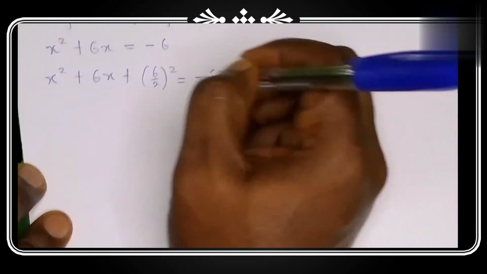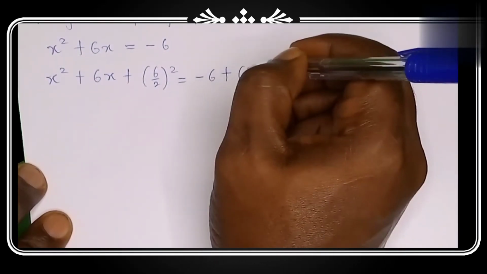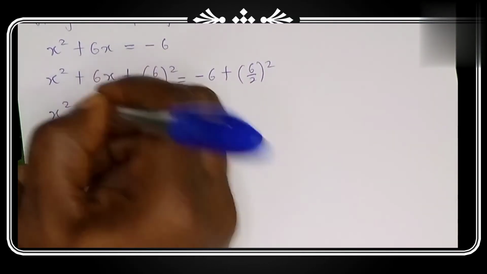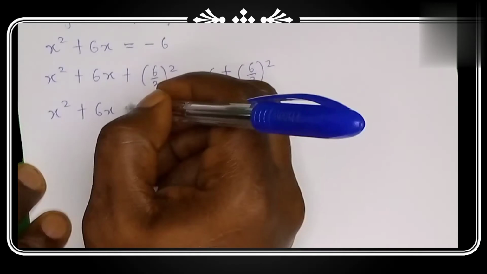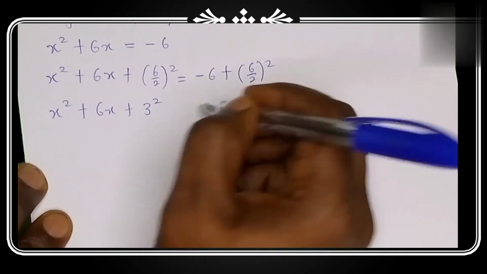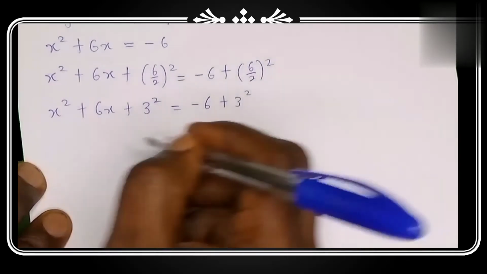So the same value that we are adding to this expression must be added to the other side of the whole expression. So we have x squared plus 6x plus 3 squared, because 6 divided by 2 is 3, equals minus 6 plus 3 squared.